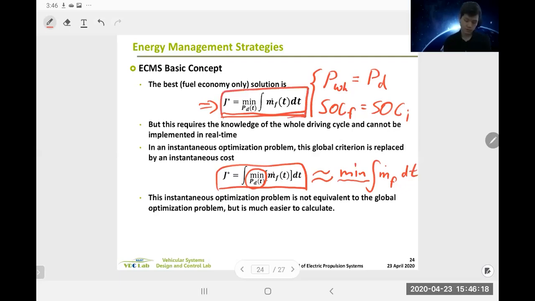Original problem was horizon optimization problem, meaning that you have to have a trajectory and integrate fuel consumption over time and then find the minimum, right? But if we put the minimum sign inside, then it becomes minimizing at every instance, right?